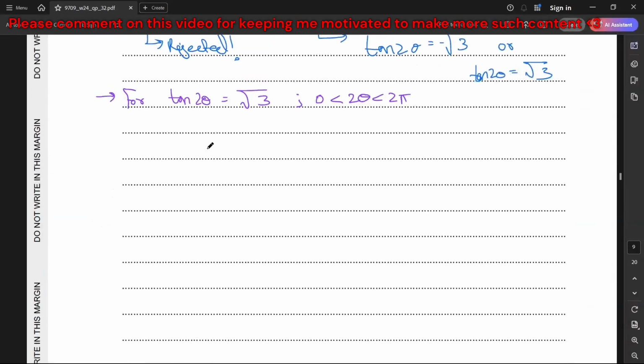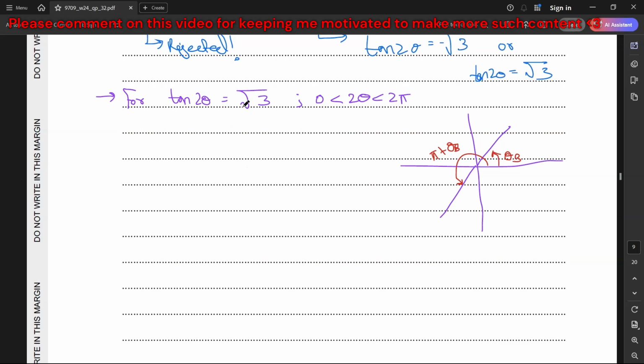And therefore I'm going to get this. And then according to my ASTC diagram, where is tan positive? It's positive in the first quadrant and in the third quadrant. So my final solution is going to be this is the value of theta and this is pi plus theta. Okay, so what is this theta? I just call this theta basic, and theta basic is always the tan inverse of the positive value written over here.